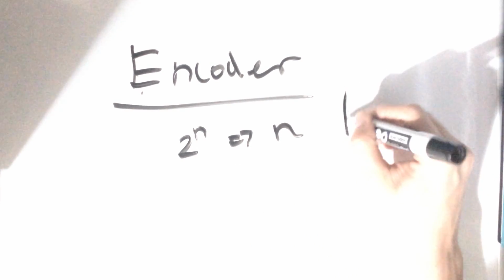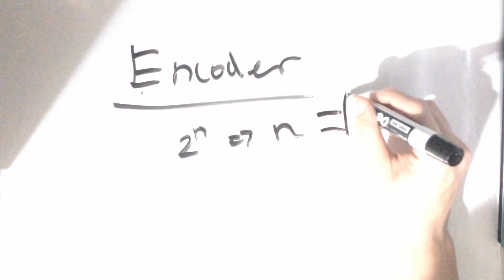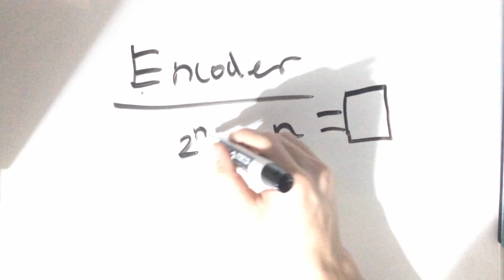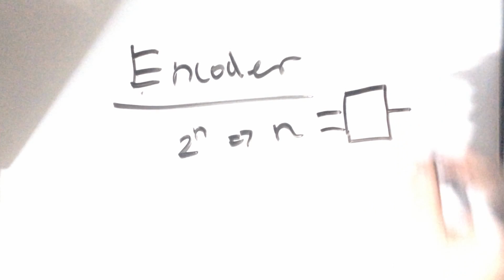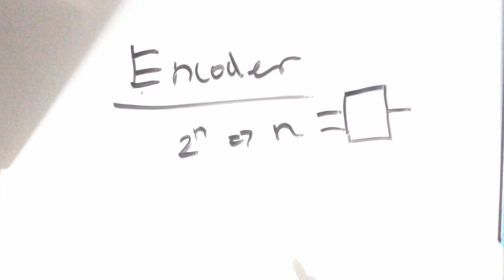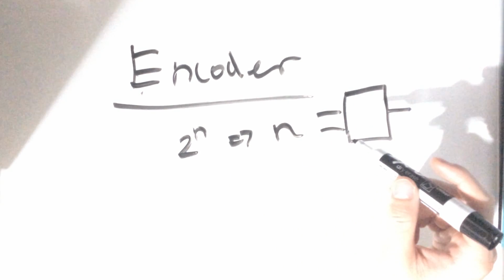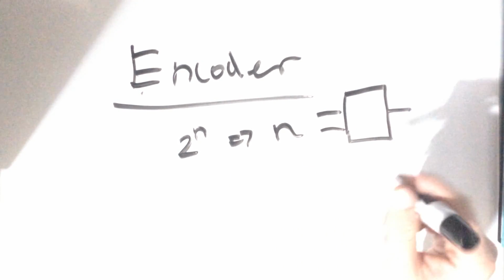That would mean we have 2 to the 1 inputs, so that would be 2, and since n is 1, we would have 1 output. This is what an encoder is, as far as how many inputs and outputs it's going to have.